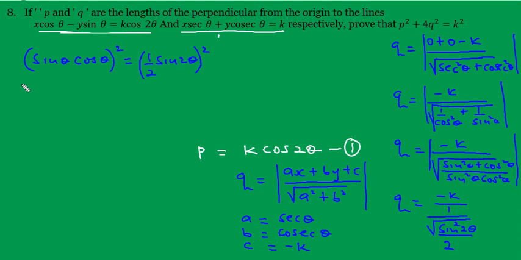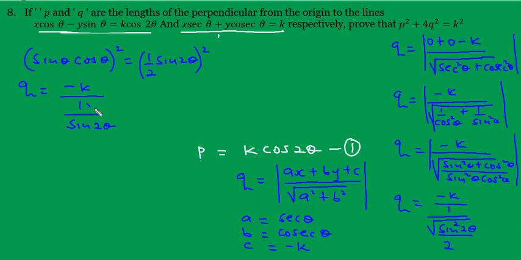Now, our Q is going to be negative k over 1 divided by, now root of sine squared 2 theta is sine 2 theta, then over 2.